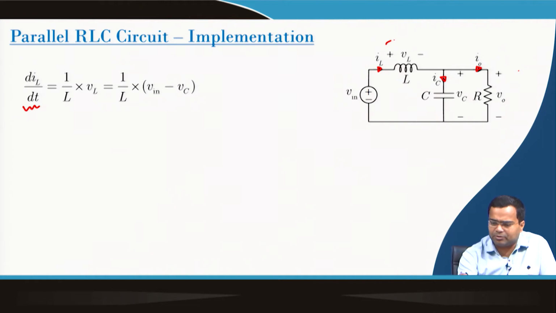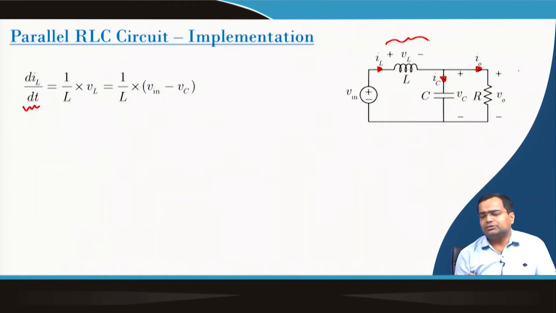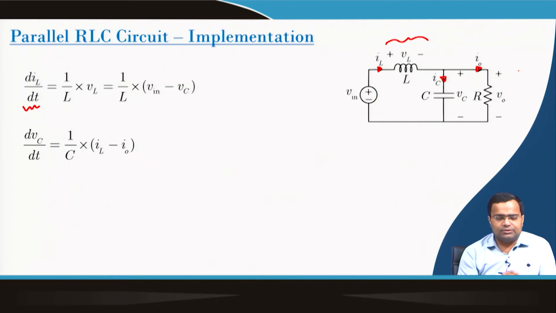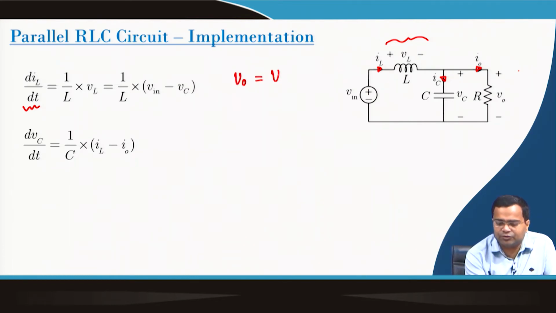That means we are talking about the voltage across this: the left side is the input voltage and the right side is the output voltage. Here Vc and V0 are the same, so V0 is equal to Vc in this case. You can use either Vc or V0, it does not matter.